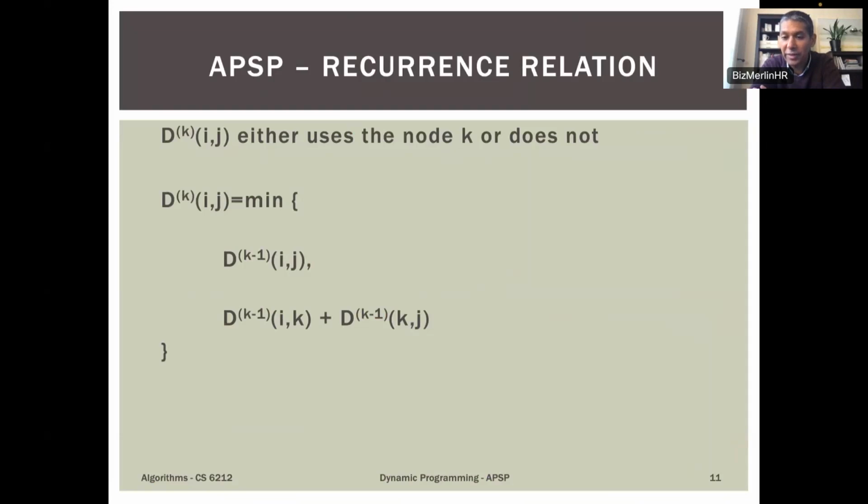Again, let's look at it together. dkij is equal to the minimum of either dk minus 1 ij, in which case we don't use the node k at all, or we do use the node k, in which case it's represented by dk minus 1 ik plus dk minus 1 kj, and you take the minimum over that and you can simply compute it.